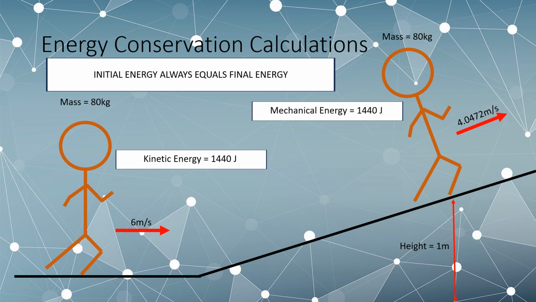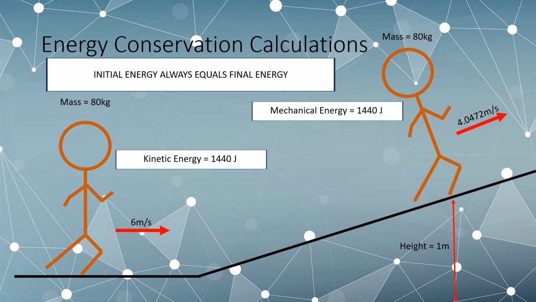Yes, energy can be lost in the system, such as through friction or heat, and other sounds and other such effects, but that will be mentioned in the question and have to be included in your calculations. In this case, we can assume it's a frictionless system, as that energy has fully transferred from kinetic energy into mechanical energy. Obviously, some of it's still kinetic energy, but some of it is now gravitational potential energy.